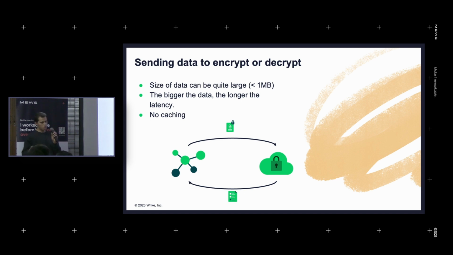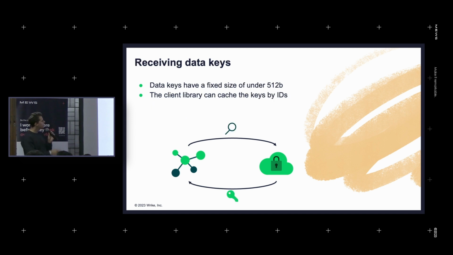The more data, the more problems on the network. And there is no caching because there are no meaningful IDs for the data. So we turned it down in favor of a different approach to communicate with the keys. We just send a request to get a key by ID, and it provides us with the key. The keys are very small, fixed in size, and they can be cached because they have IDs.